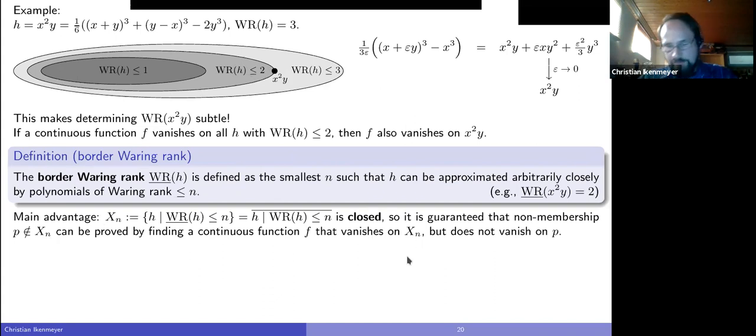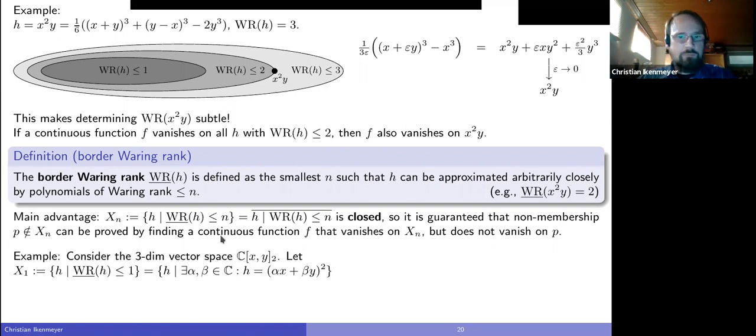So if you don't have this closed condition, you don't know that there will be such a function. But if you have the closed condition, you know it's a continuous function. And now if you find more properties of this set for the border Waring rank at most n, then you will find more properties of your separating functions. Here it's just continuous, but it gets more interesting.